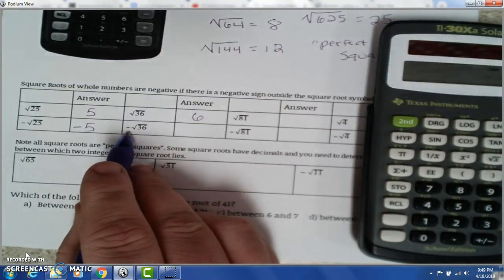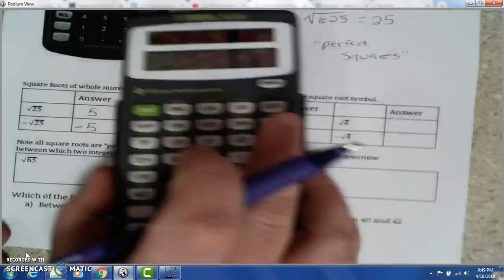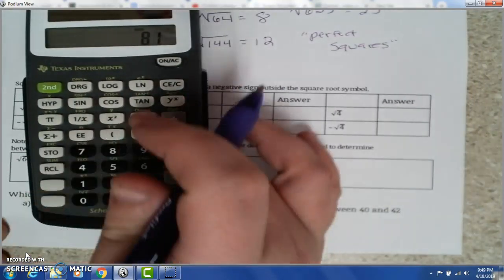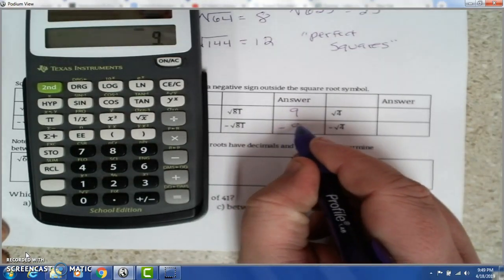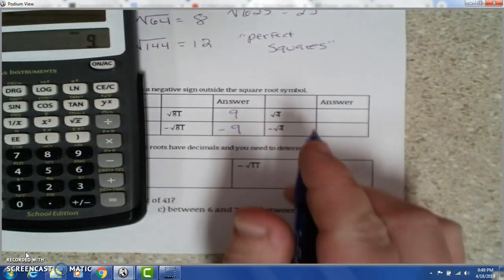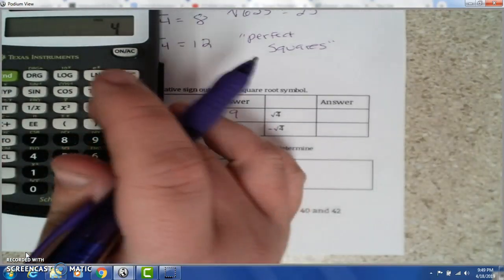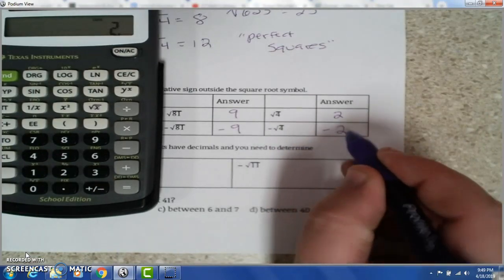But if you have that negative sign on the outside, it's negative. Square root of 81 is 9, and the negative on the outside makes it negative. And square root of 4, push 4, hit that button, it's 2. If you have a negative, it's negative 2, okay?